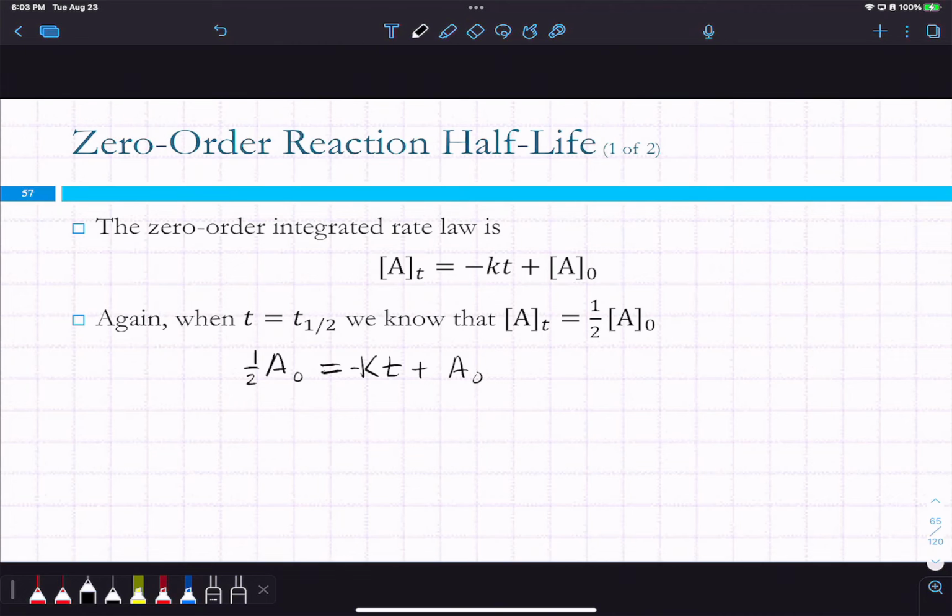So if we have 1/2 A0, or subtract A0 from both sides, right, we're going to get a negative 1/2 A0 equals negative K times T 1/2. So A0 over 2K equals the half-life.